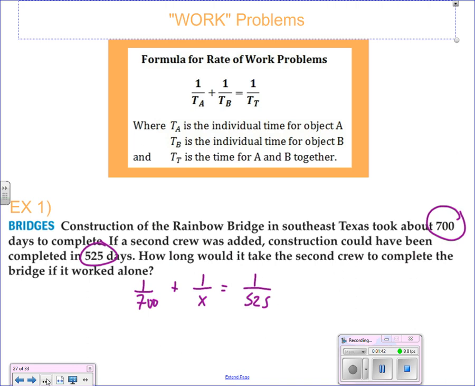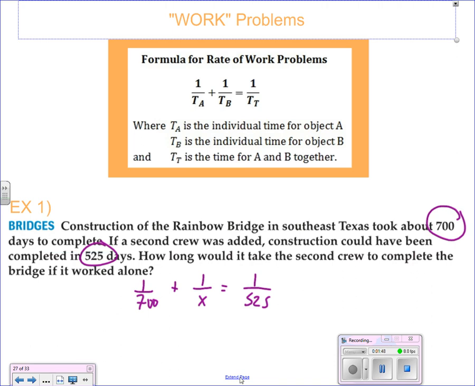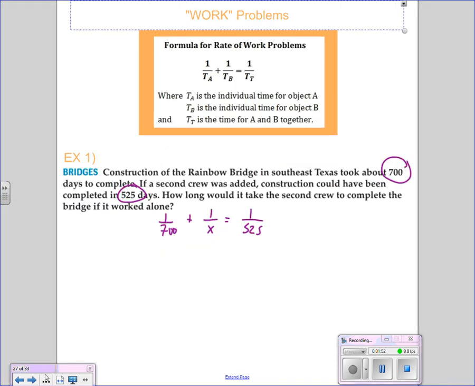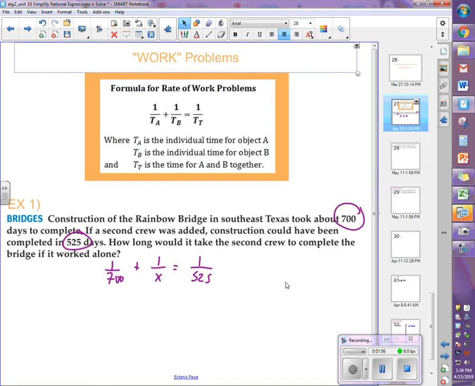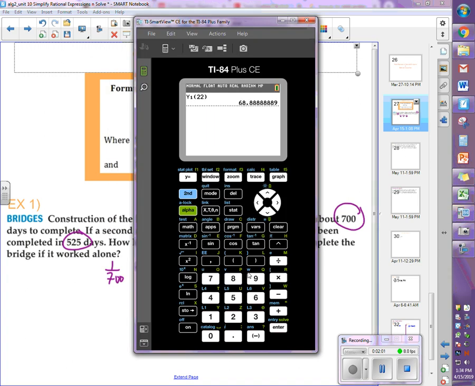To solve it, we need to find our least common denominator. And the least common denominator will be when we multiply the 2 denominators together. So that's 700 times 525. Now that's a little too high.